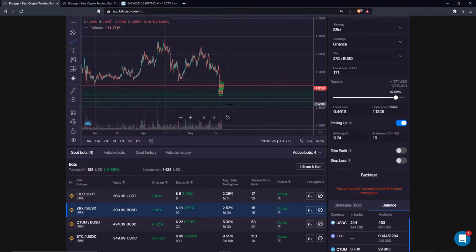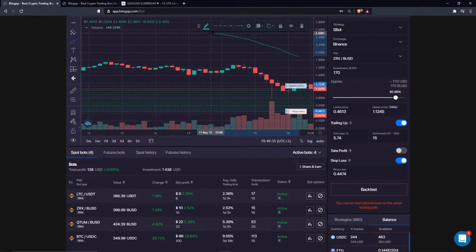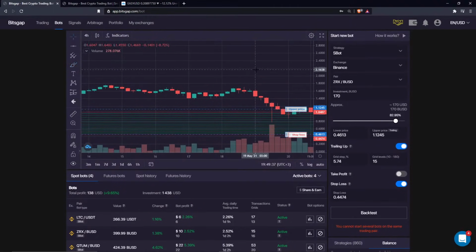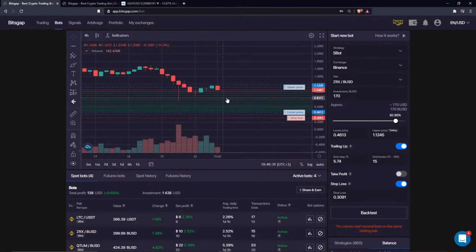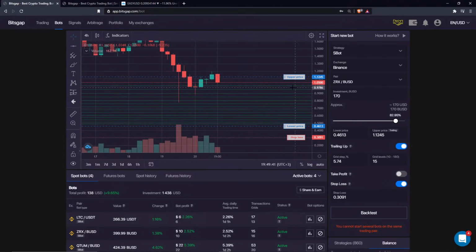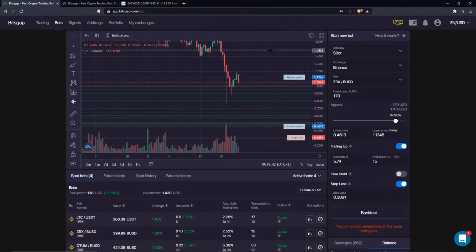So that means it will give me the best entry price eventually as it buys. And also I have this stop loss, which is something that we have in smart trade as well. But here we have the stop loss. Here we have the dollar cost averaging effect, and everything is automated.